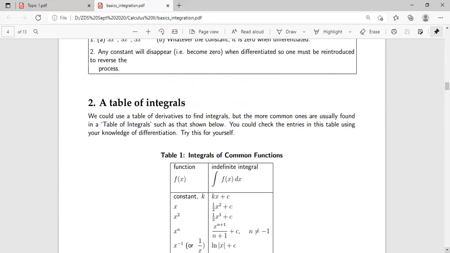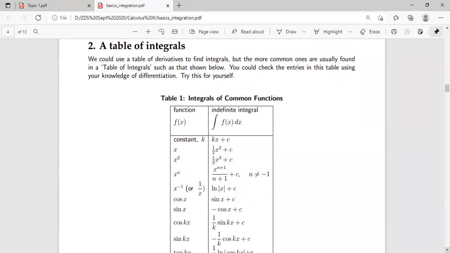So there we are. We have the mathematical tables, and we could also use a table of derivatives to find the integrals. But the more common ones are usually found in the table of integrals in your mathematical table, and it is shown below.